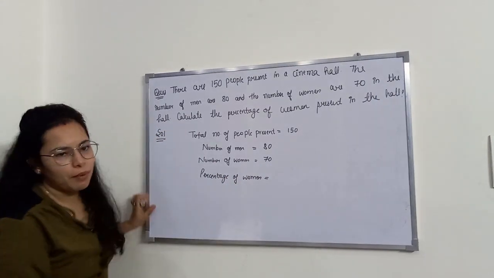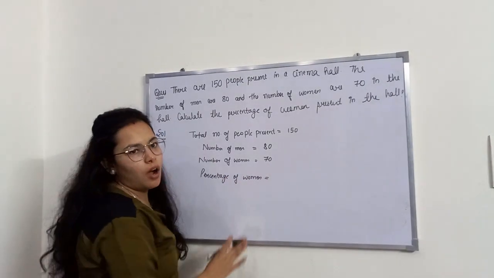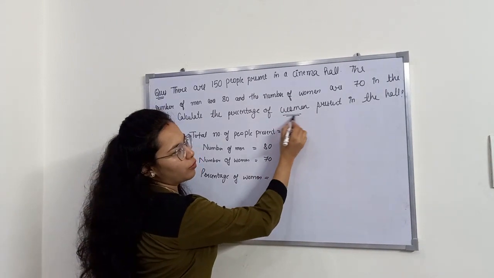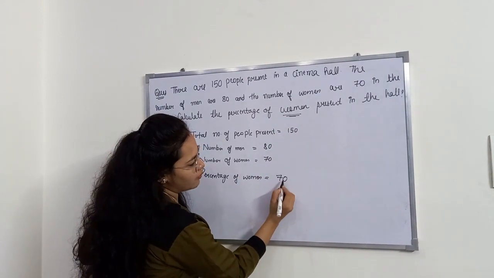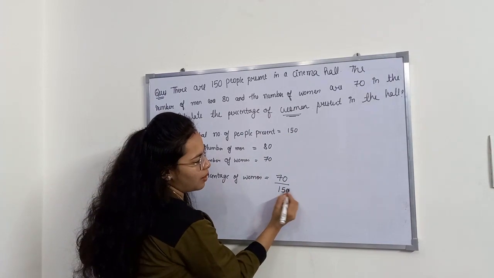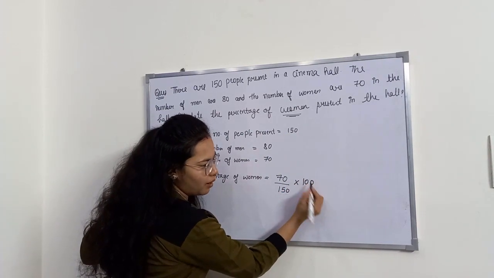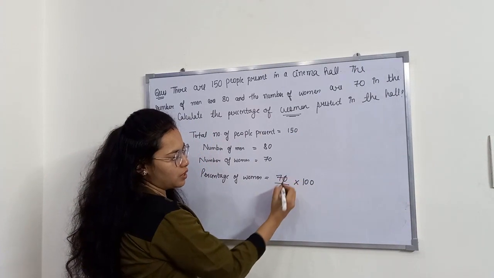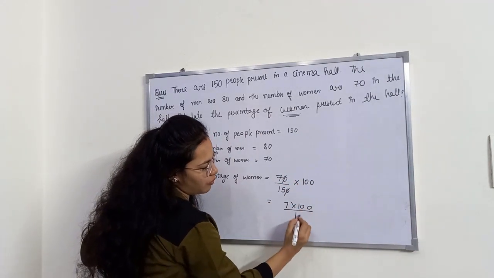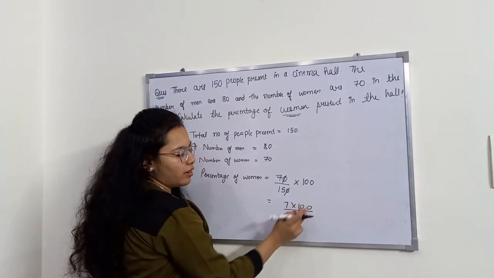Do you guys remember the formula of percentage? That is value upon total value into 100. Value is 70 because we have to calculate the percentage of women. 70, out of which total value? Total value is 150. Percentage means multiply by 100. Eliminate the 0. So what is left? 7 multiply 100 divided by 15. So how can we divide it?